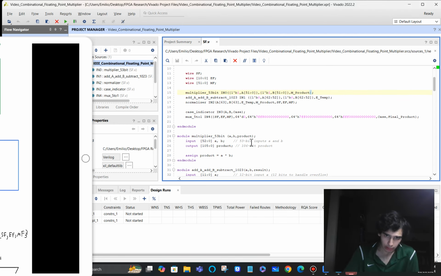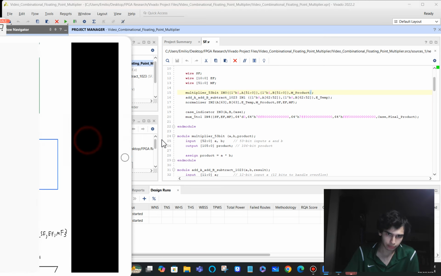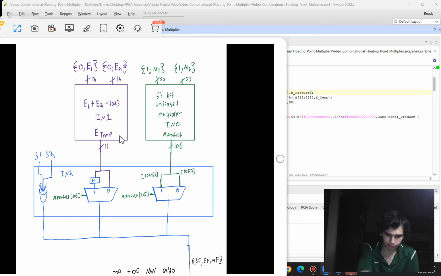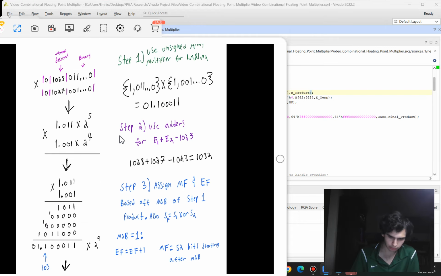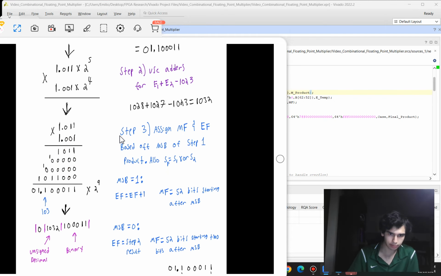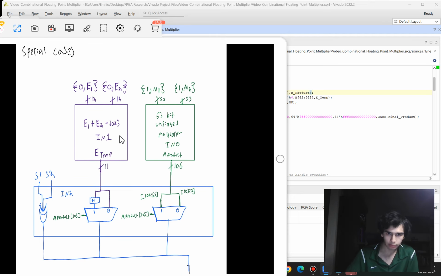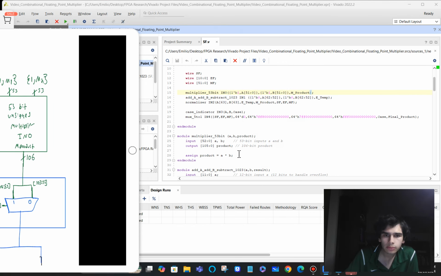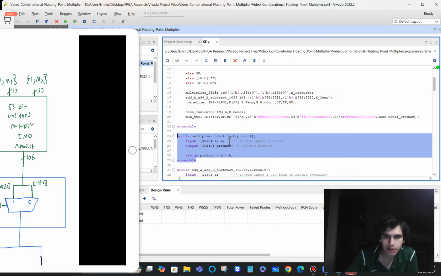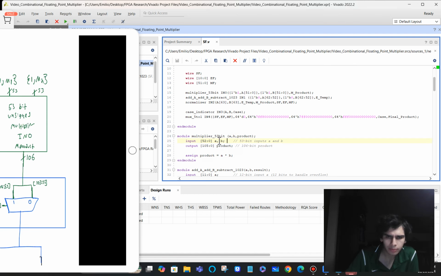So the multiplier, this multiplier, the thing that would mathematically do all of this, it's right here, is literally implemented with just this simple module. You take two 53-bit inputs, have a product, assign the product to be A times B. Now, this is a very behavioral approach.